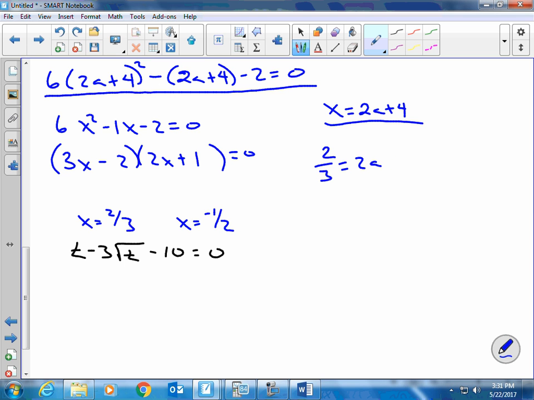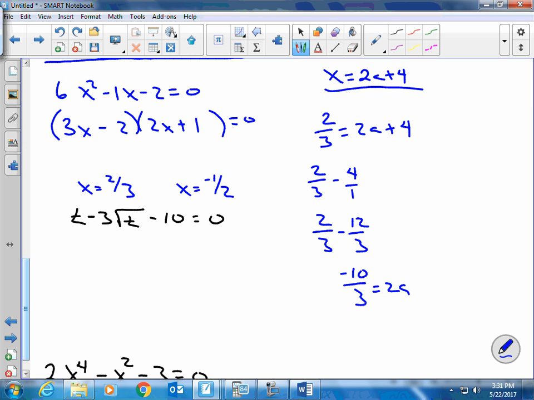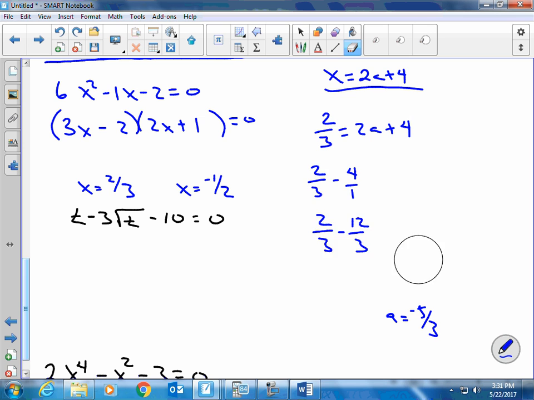2/3 equals 2a plus 4. Solve for a. 2/3 minus 4. Get a common denominator. That becomes 2/3 minus 12/3, which equals a negative 10/3. Divide by 2, and a equals negative 5/3. Little bit of fraction work there. Okay, so one answer, a equals a negative 5/3.